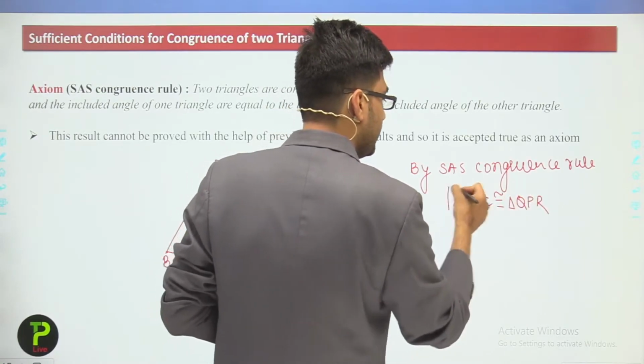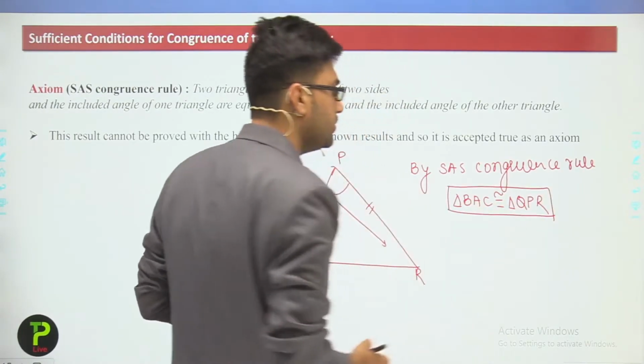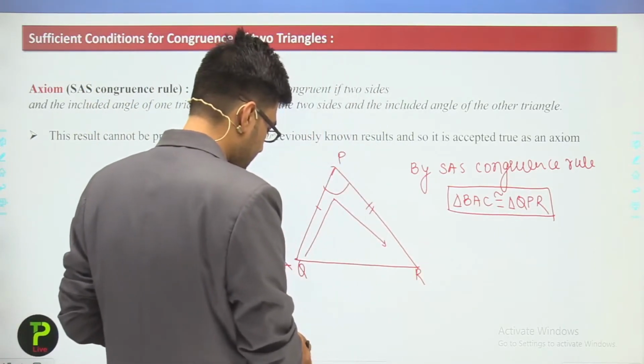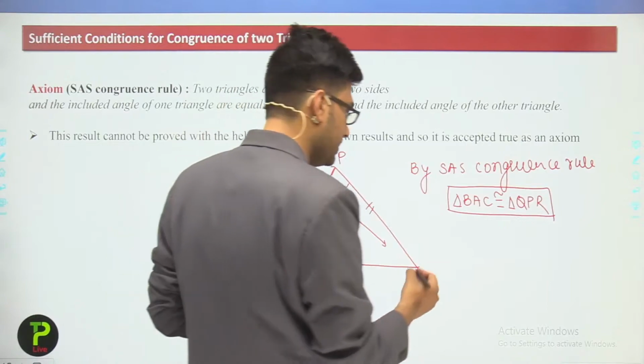So these two triangles are congruent. Now students, if these two triangles are congruent, then we can say that by CPCT. What is the meaning of CPCT?